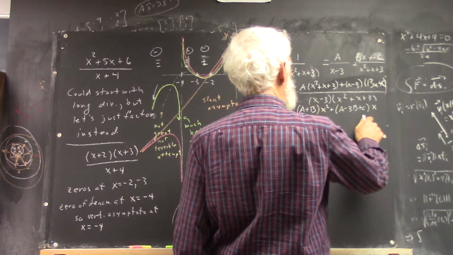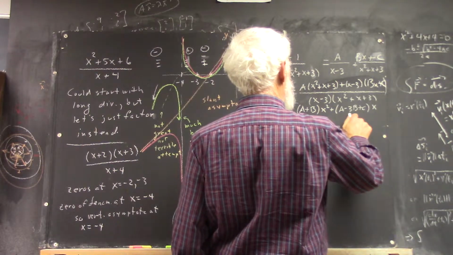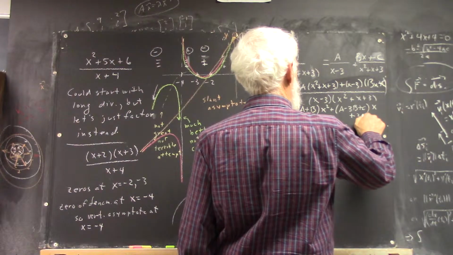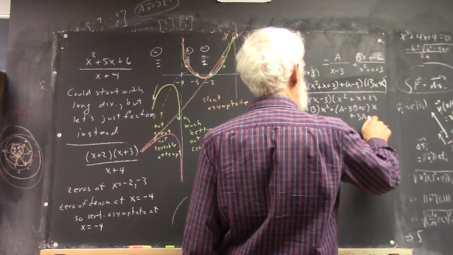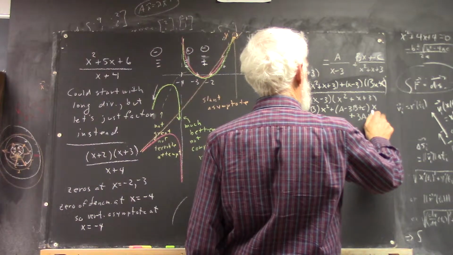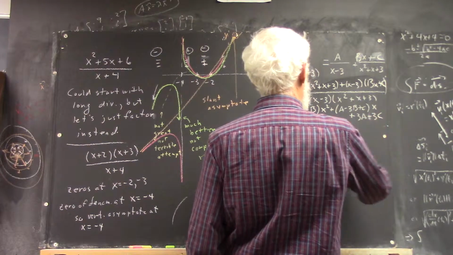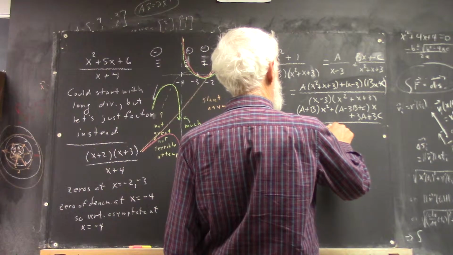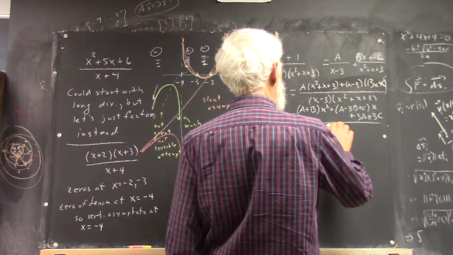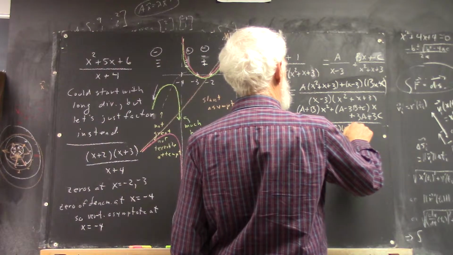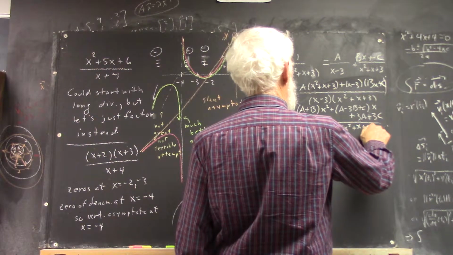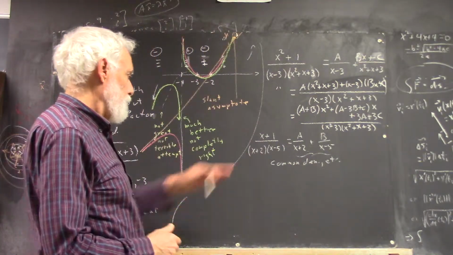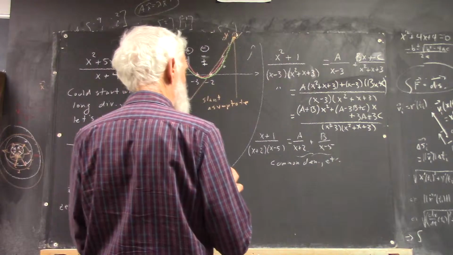And then it's going to be plus 3a minus 3c, all that over x minus 3 times x squared plus x plus 3.